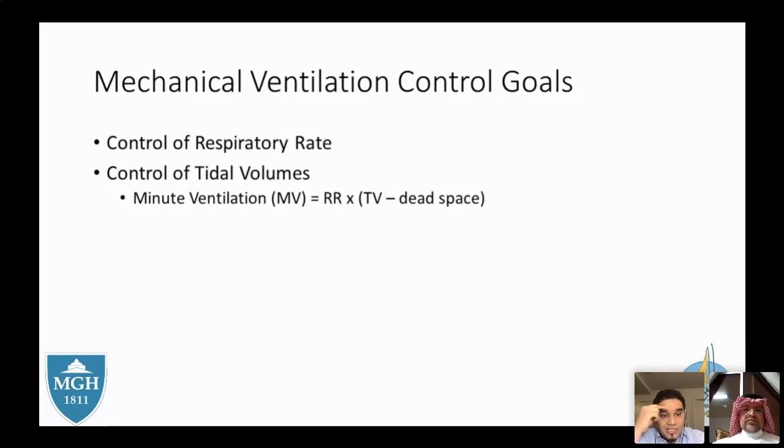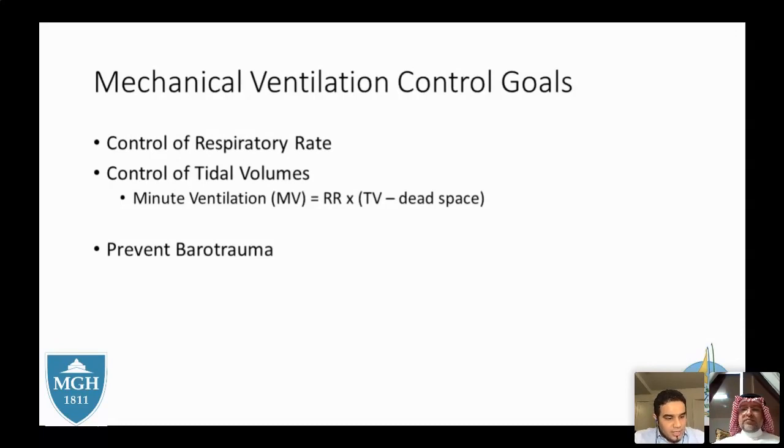First of all is the respiratory rate. Second is the tidal volume. The product of the respiratory rate and the tidal volume minus the dead space gives you the minute ventilation, which is exactly the ventilation that the patient is receiving.